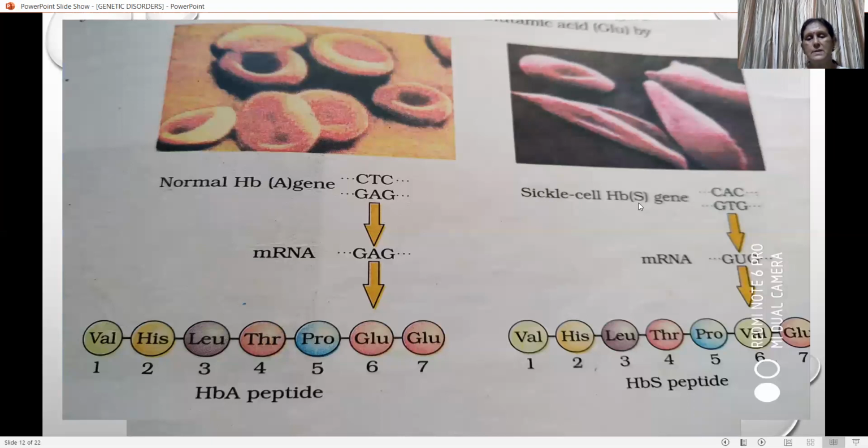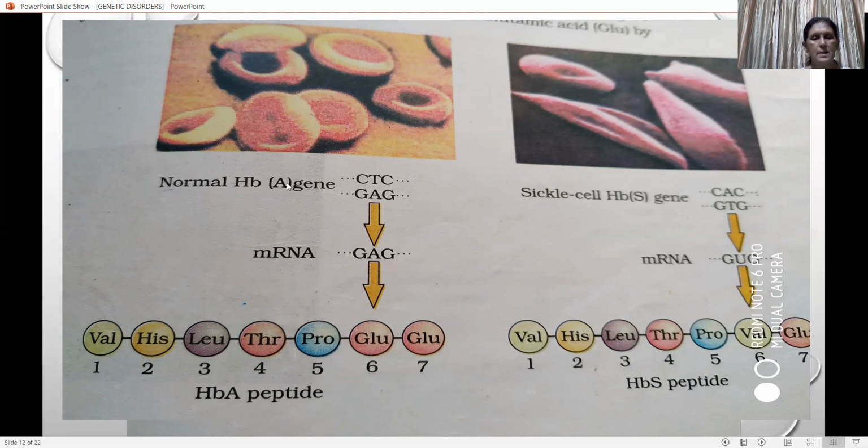But here in case of sickle cell, the sickle cell gene, HBS gene, is present. So GTG produces GUG information to messenger RNA, and it carries to the ribosome to produce the protein, and at the 6th position it carries the amino acid valine instead of glutamic acid.